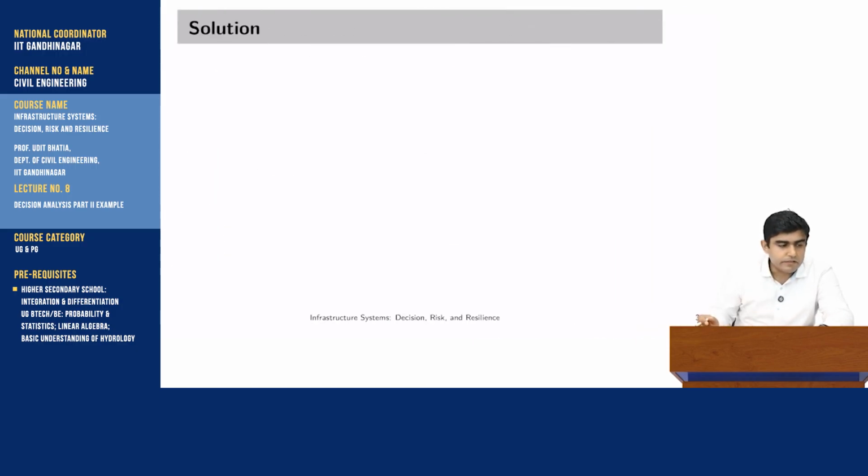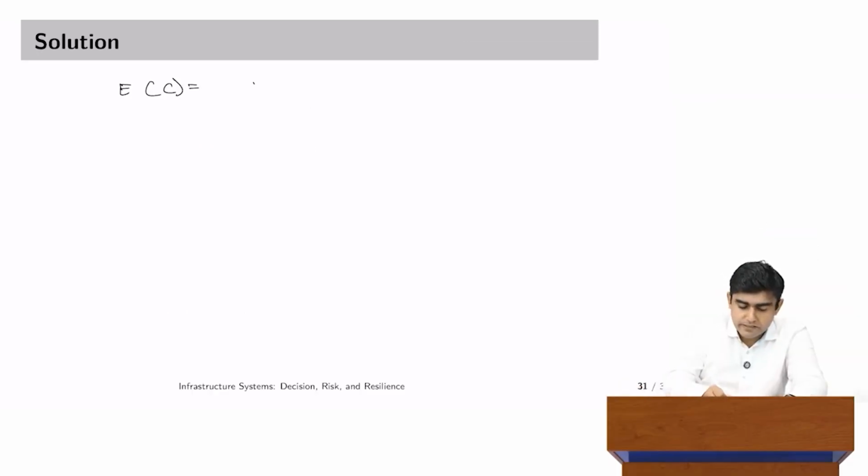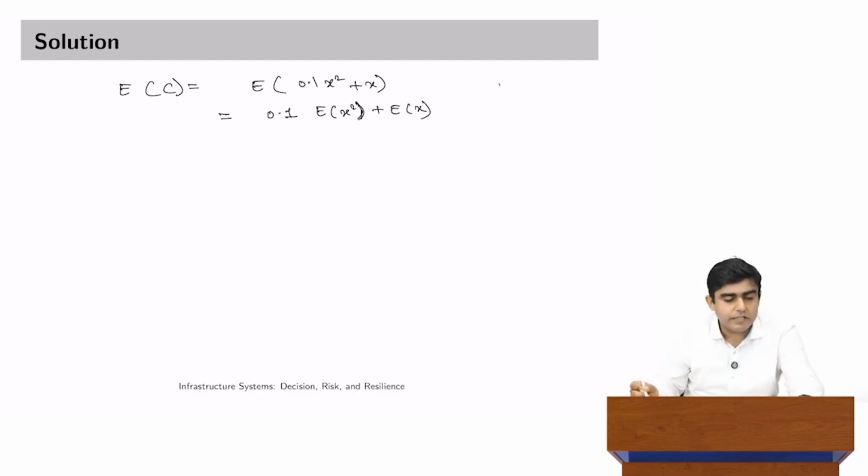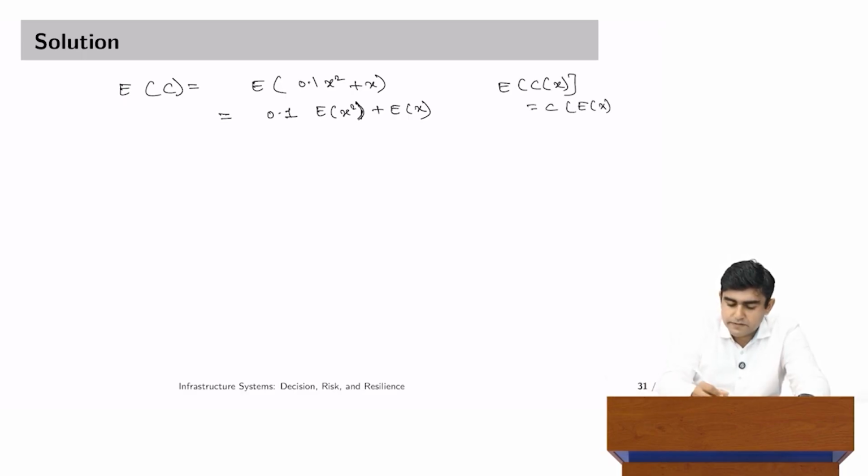Now, with this information, we can say that if cost function is EC, expected cost of x is expectation of 0.1 x square plus x, which is equal to 0.1 expectation of x square plus expectation of x, using the properties of expectation that the expectation of c times x is equal to c times expectation of x.